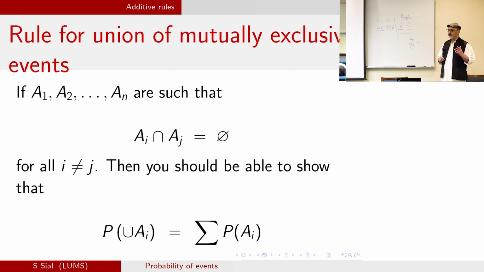If I have events A, B, and C, and they're all pairwise mutually exclusive. So A intersection B is empty, B intersection C is empty, and A intersection C is empty. Then when we start calculating the probabilities, the probability of the union is just the sum of the probabilities of the individual events, because there are no elements which are common to different A_i.